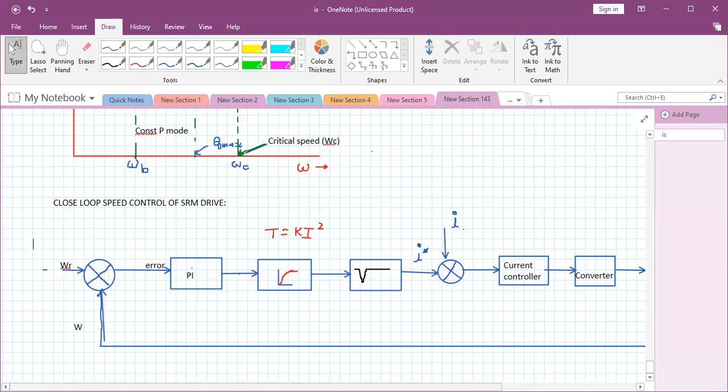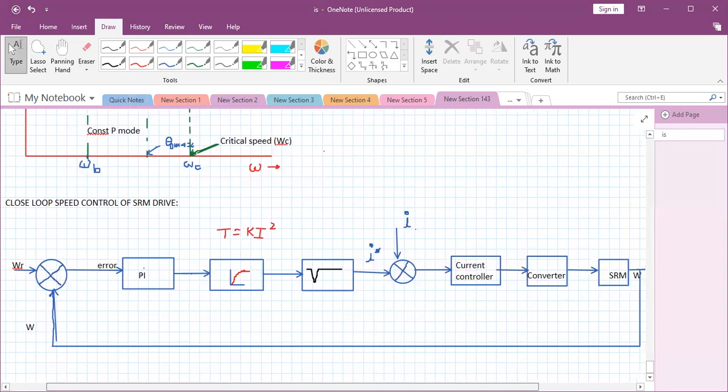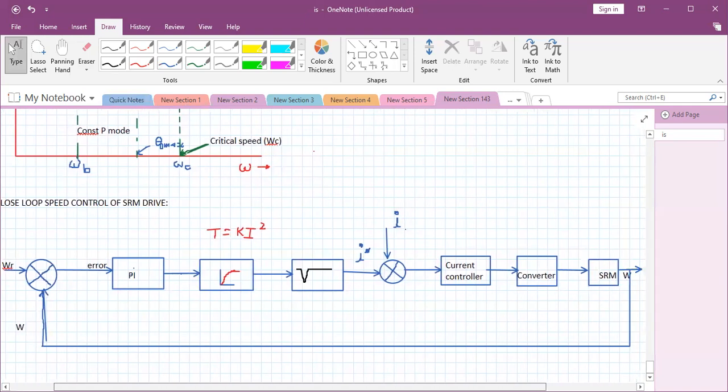Okay. So now we are able to see the whole diagram. Is it clear? This I is coming from where? It is the actual current. So actual current is coming from where?